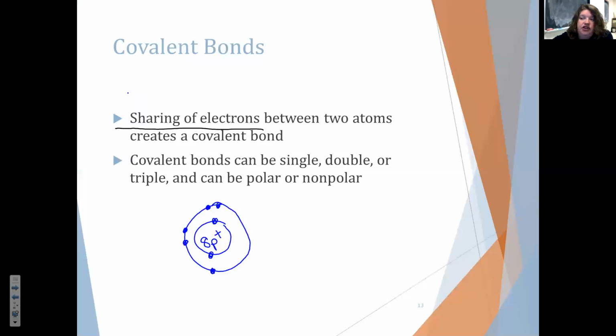But that second electron shell can hold up to 8 total, so we have these 2 empty spaces. Think back to hydrogen. Hydrogen has an atomic number of 1, so it has 1 proton and it has 1 electron, giving it 1 empty space.